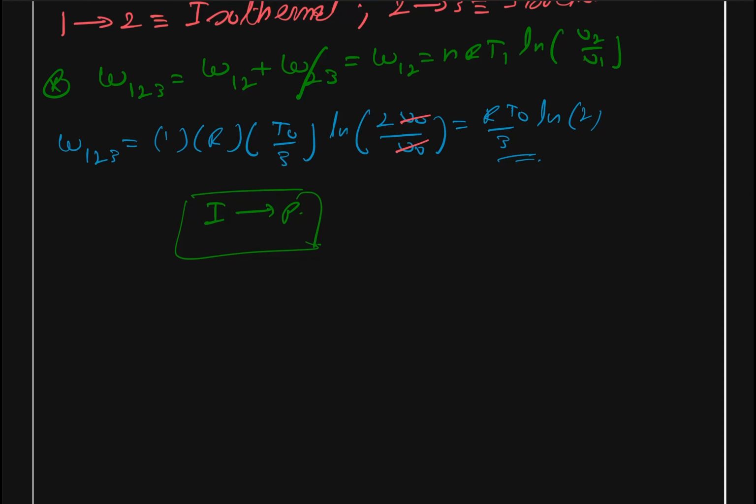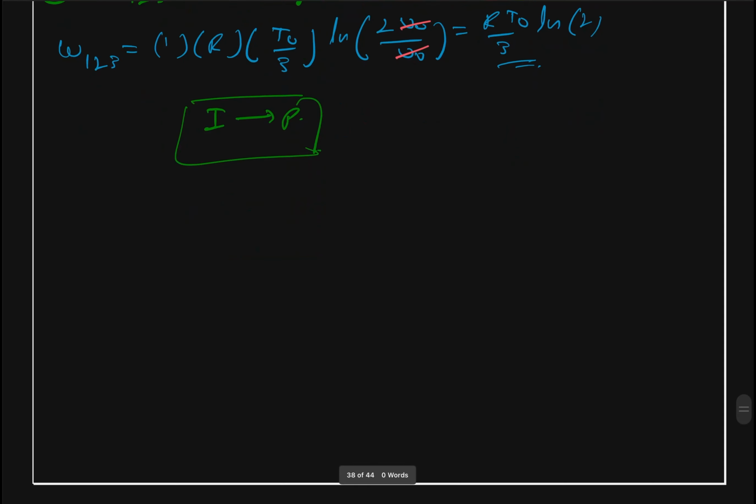Next is our internal energy change. Same process, that is our delta U for 1 to 3.